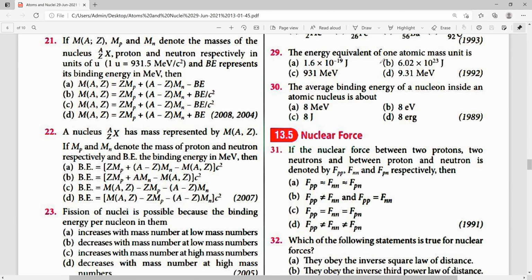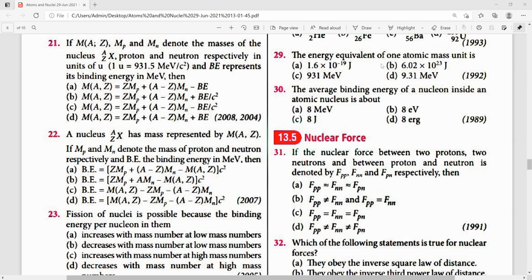For 21st one, the 4 options they have given: first, M(A, Z) is equal to ZMP plus (A minus Z) Mn minus binding energy. Second, M(A, Z) is equal to ZMP plus (A minus Z) Mn plus binding energy divided by C square.